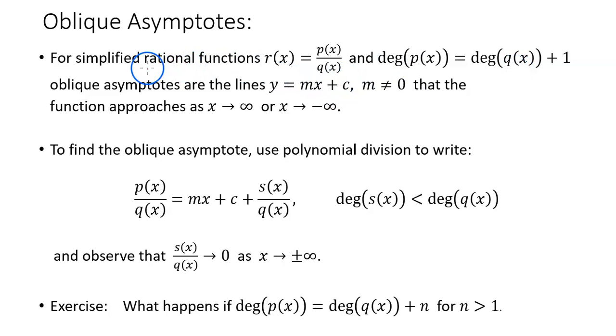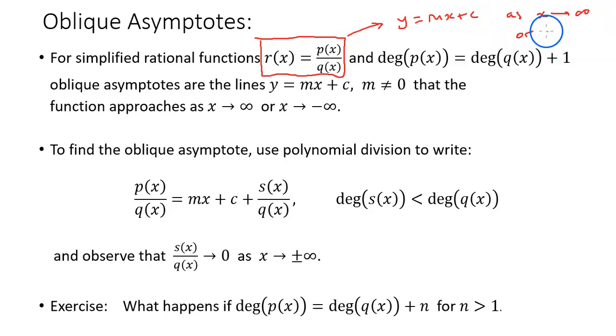So for simplified rational functions like that, oblique asymptotes are the lines y equals mx plus c, where m does not equal 0, that the function approaches as x tends to infinity or negative infinity. So in other words, this simplified rational function gets closer and closer towards looking like the line y equals mx plus c as x tends to infinity or negative infinity.